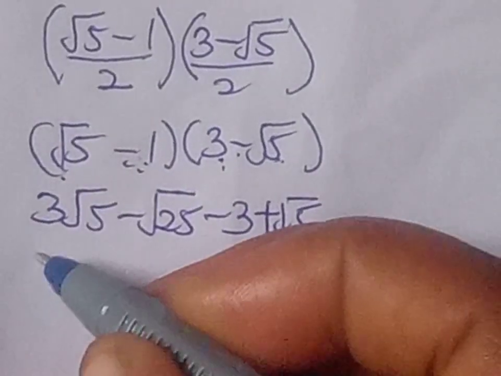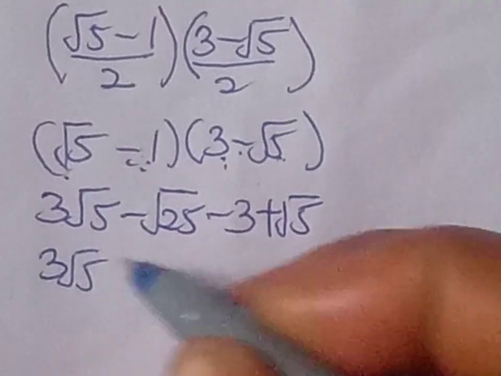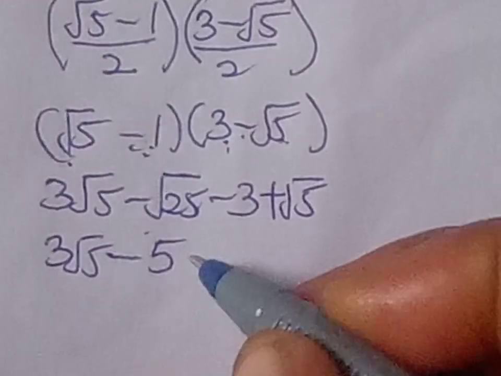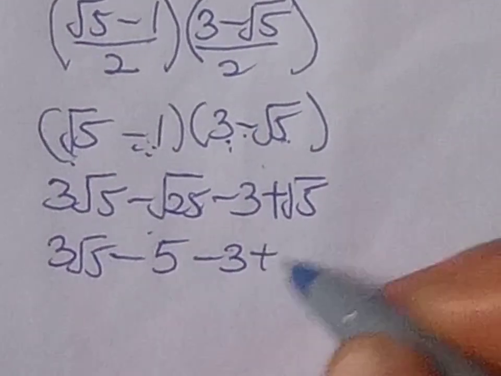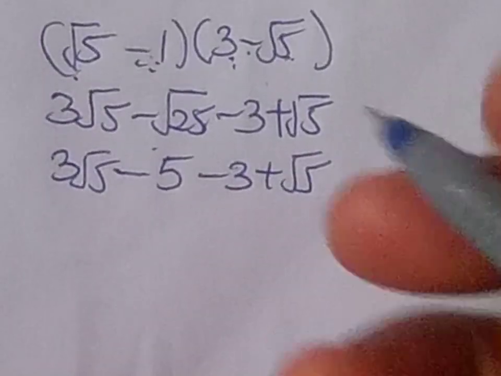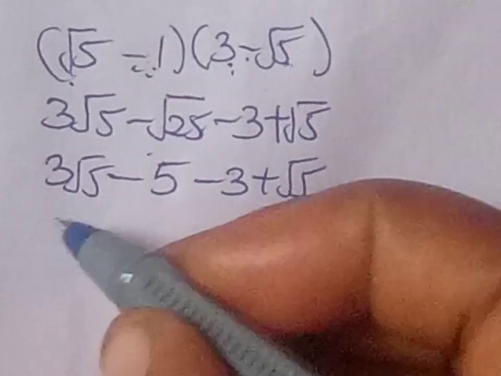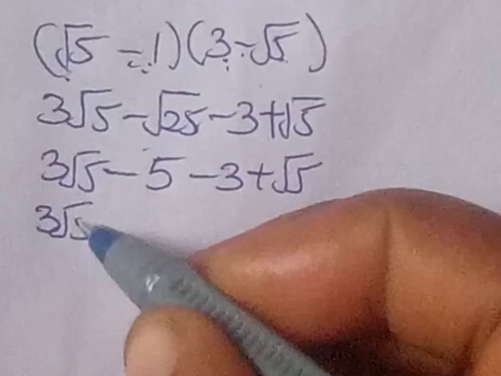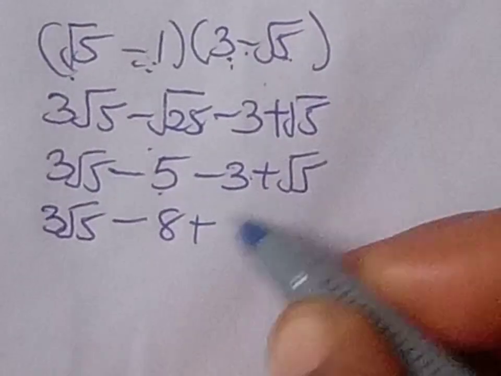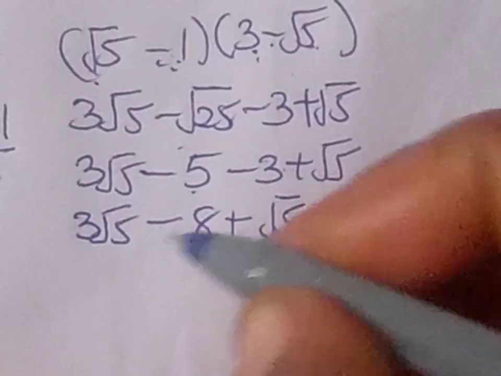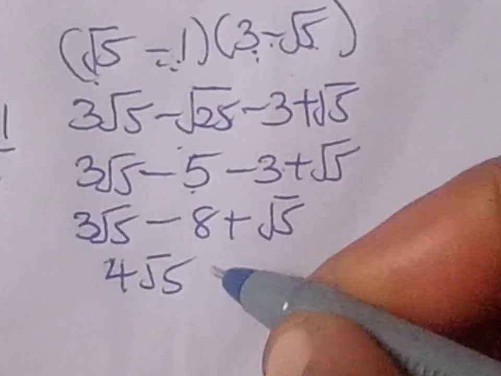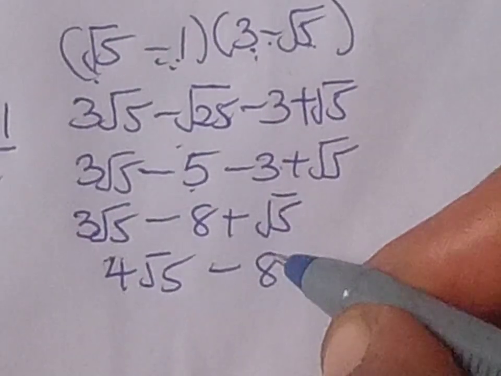So we have 3 root 5 minus square root of 25, which is 5, minus 3 plus root 5, which will give us 3 root 5 minus 5 minus 3, which is minus 8, plus root 5, which will give us 4 root 5 minus 8.